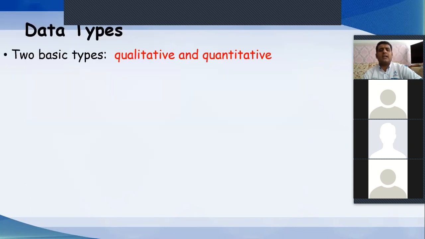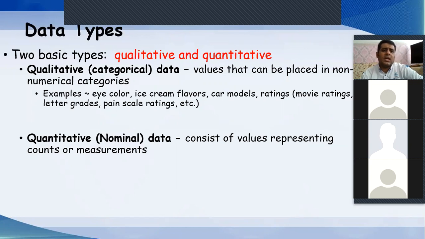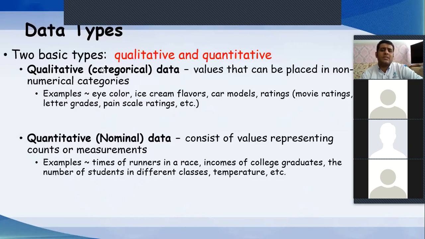Then types of data. Actually, there are two basic types of data. First is qualitative data, and the second one is quantitative data. When we talk about qualitative data, we are talking about quality. Quality is actually categorical data.